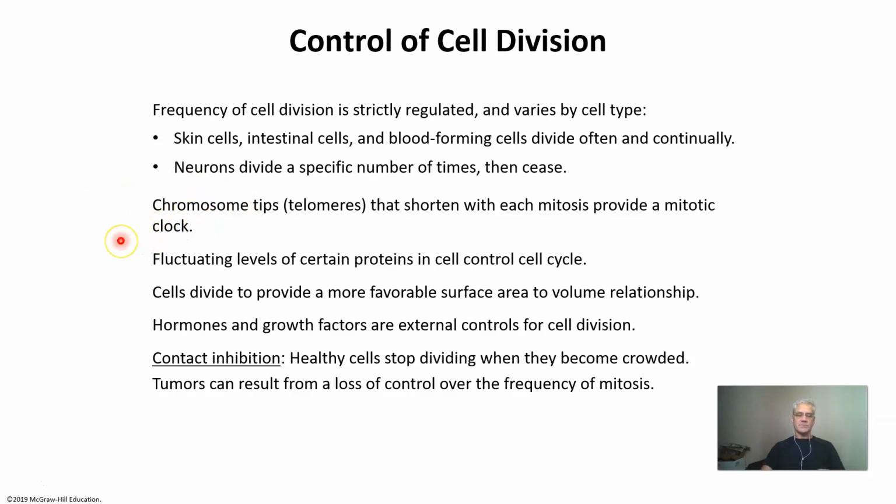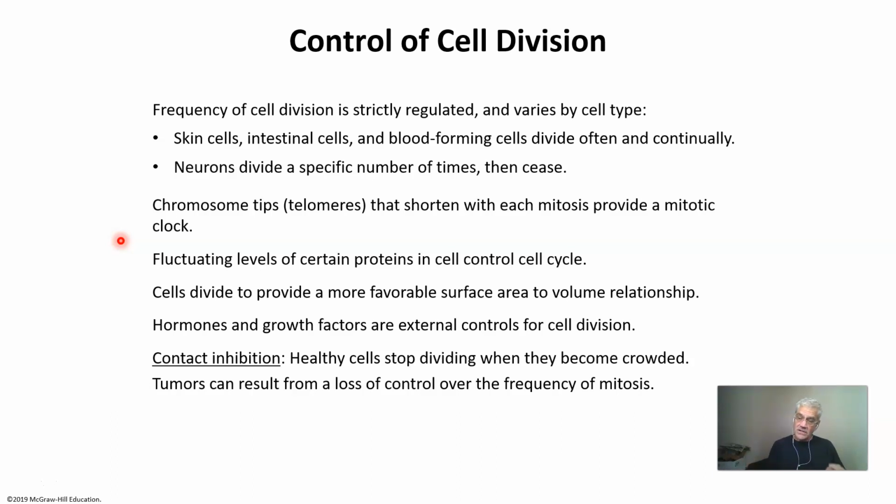The very ends of chromosomes are called telomeres. Not to be confused with the T in PMAT, right? Prophase, metaphase, anaphase, telophase. Telomeres are the ends. Telophase is the last or the end of mitosis.